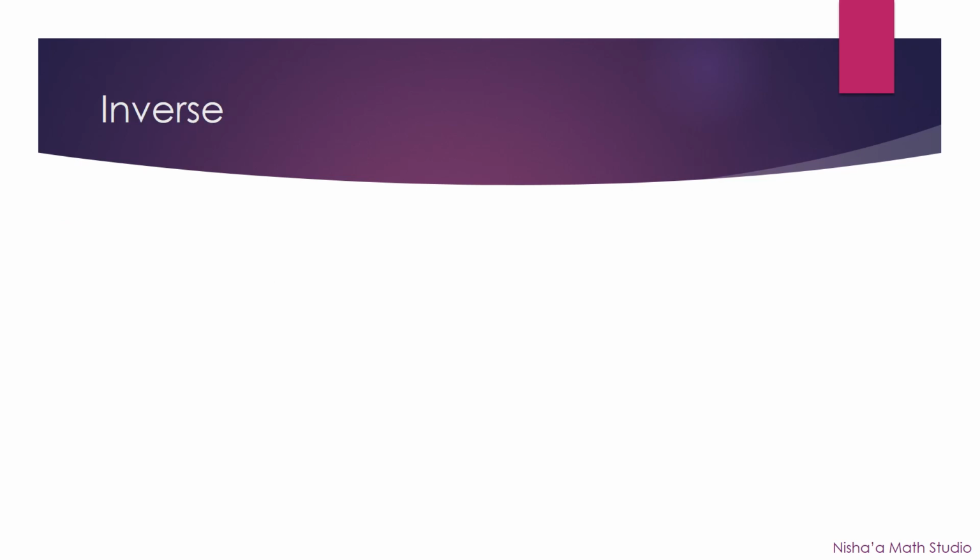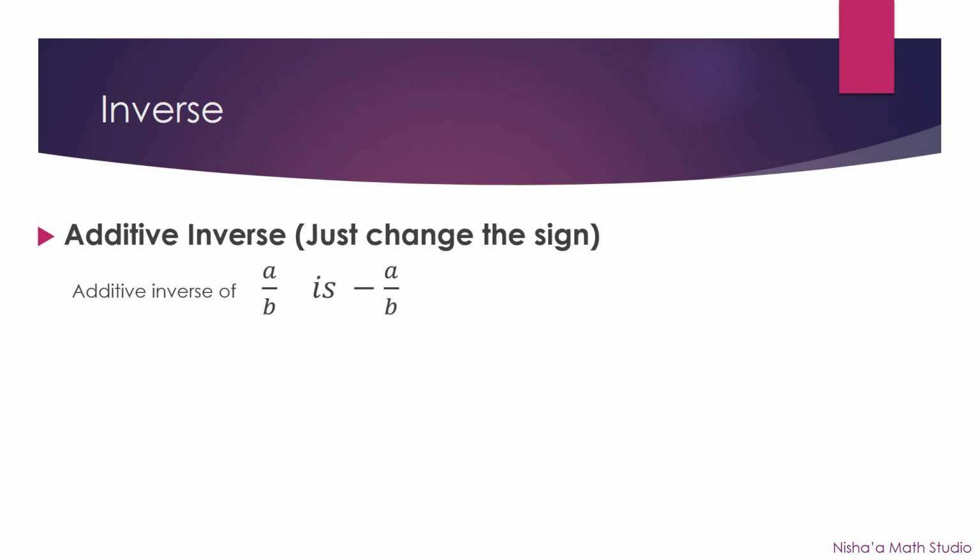Now, we should know what is an inverse. Here also we have additive inverse and multiplicative inverse. Additive inverse is just changing the sign of the given rational number. That is, the additive inverse of a by b is minus a by b.